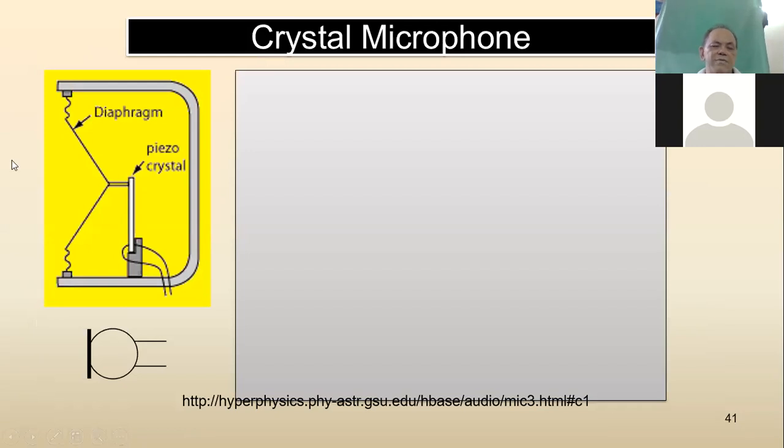As the sound wave comes, it will cause the diaphragm to vibrate, and the vibration will be transmitted to the piezoelectric crystal. The vibration will cause it to stretch and compress, and the alternating voltage changes will be conducted by this wire back to your processing unit. So this is the input sensor.